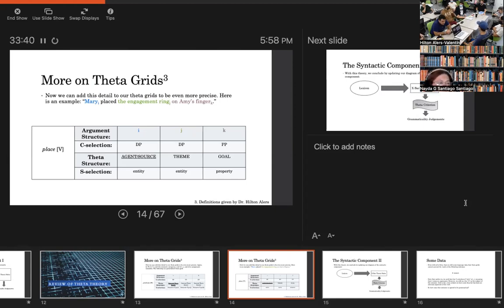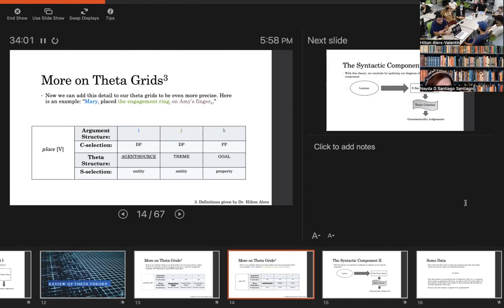You don't care about anything outside of the sentence, right? Well, you can have Mary places the engagement ring on Amy's finger during her birthday. But that's an adjunct. Adjuncts are fine, remember that adjuncts are just added by a recursive rule.